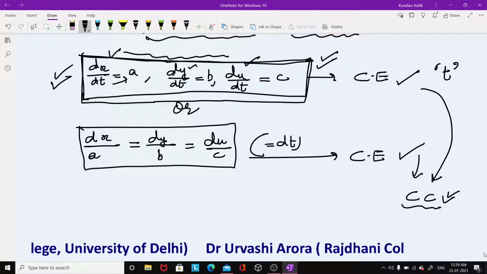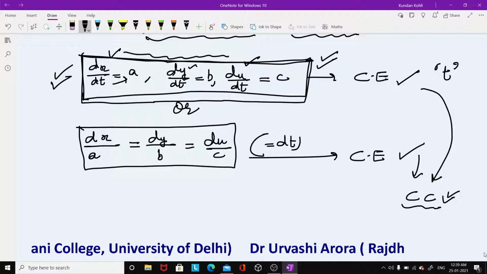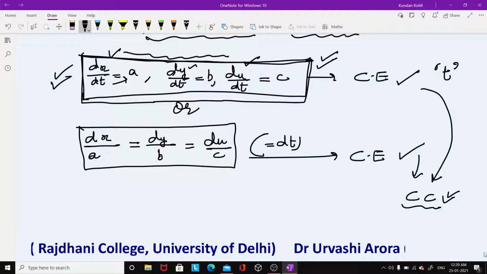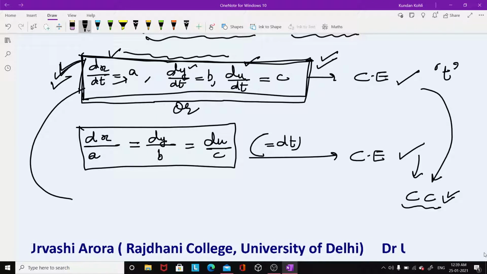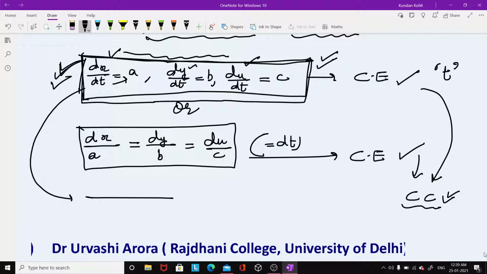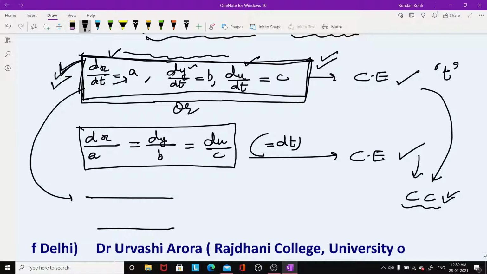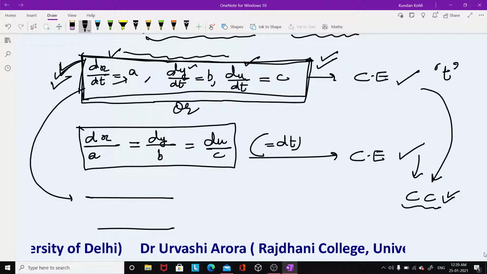So the third will be dependent on the other two.